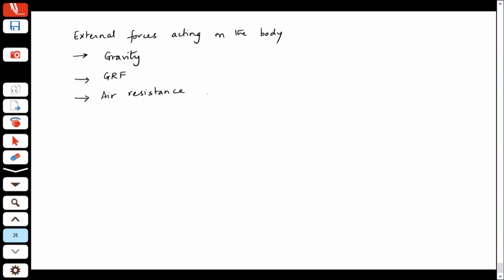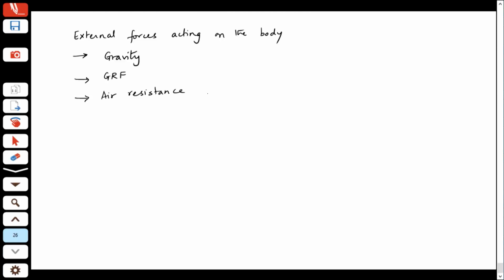Air resistance is more of a braking force, a resisting force, whereas gravity may be more of a propelling force. It depends on the situation, it depends on the activity, but we will look at how these internal forces and the external forces work together to make movements happen.